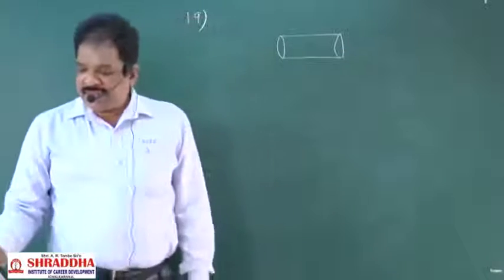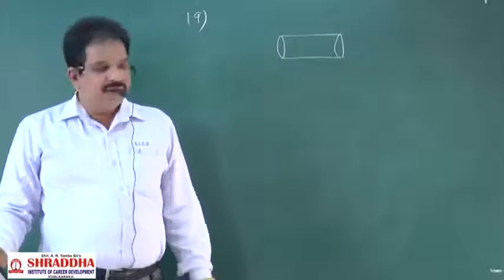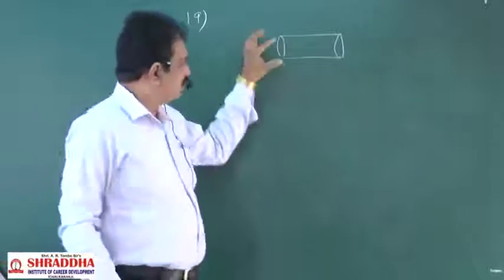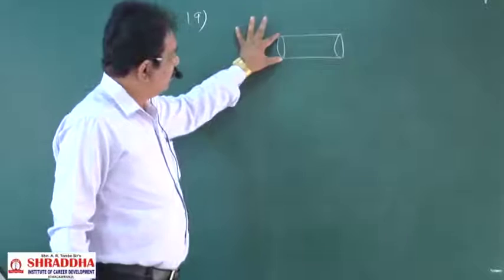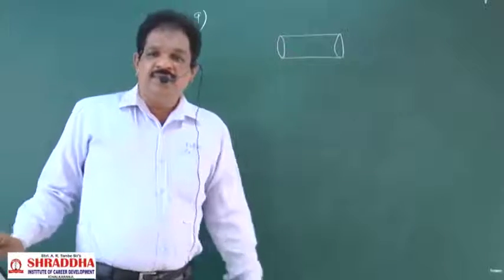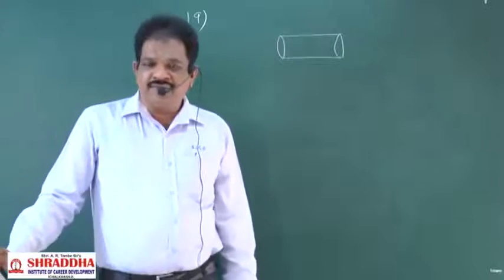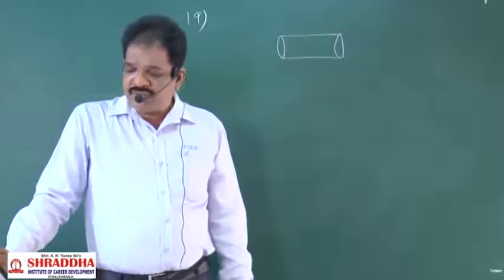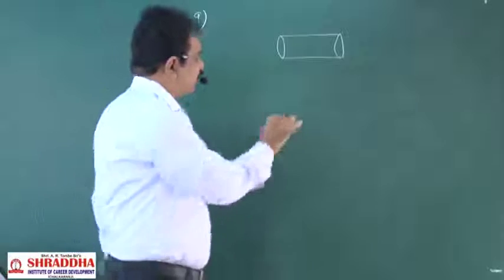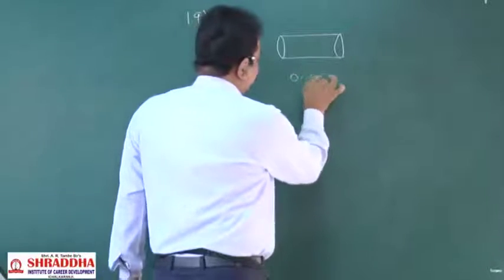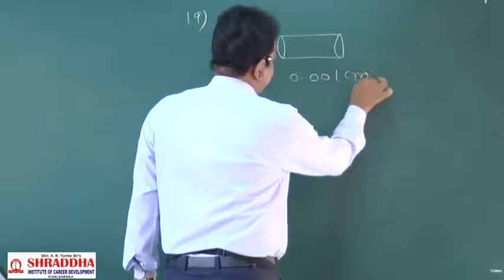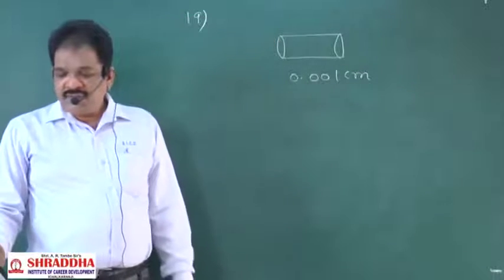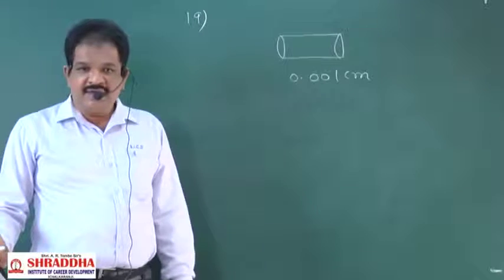Diameter means this one. He measured the diameter of the solid cylinder using a screw gauge. Least count of that screw gauge will be 0.001 centimeter.